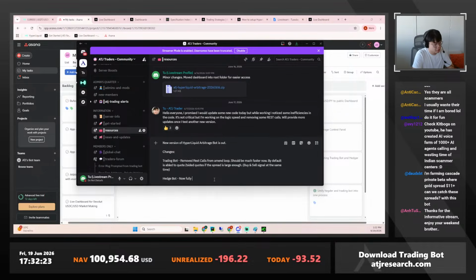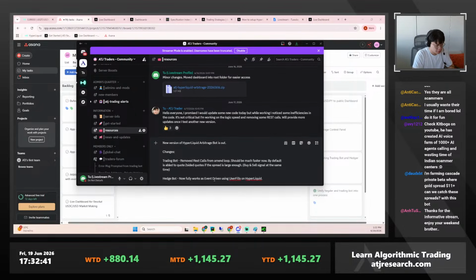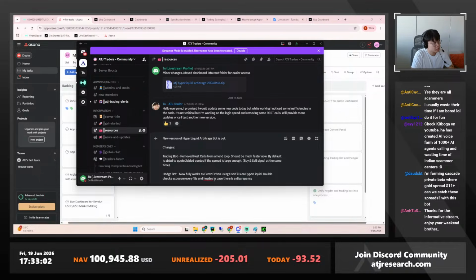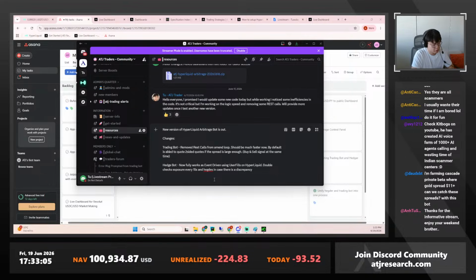Hedgebot now fully works as event driven using user fills on Hyperliquid. Double checks exposure every 15 seconds, and hedges in case there is a discrepancy. And then we have the control panel.